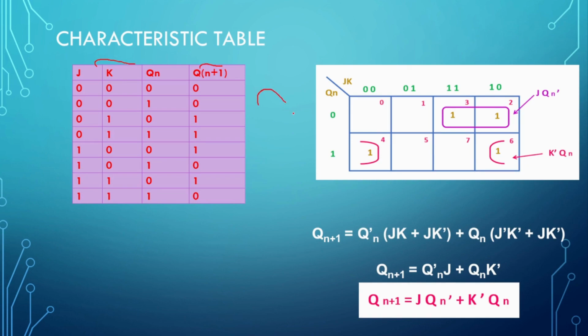JK, Qn and Qn plus 1 is the output. This characteristic table is defined to help design the K map. Afterwards, this K map helps you derive the logical expression. J, K and Qn, these three variables are considered as the input and this is considered as the output.